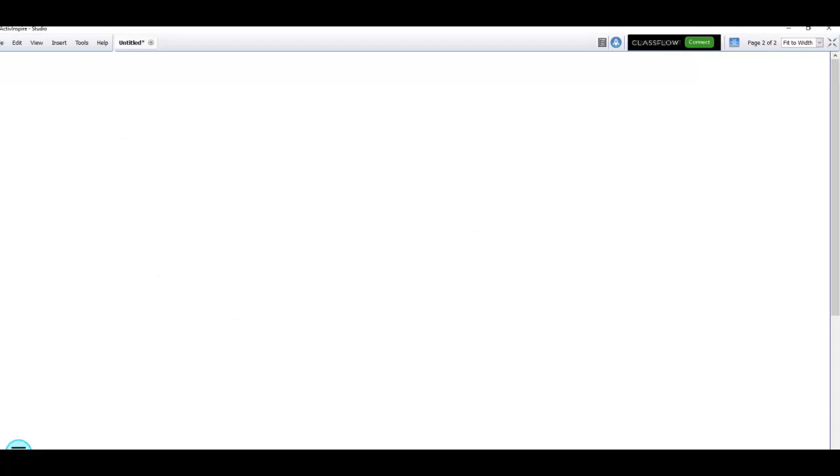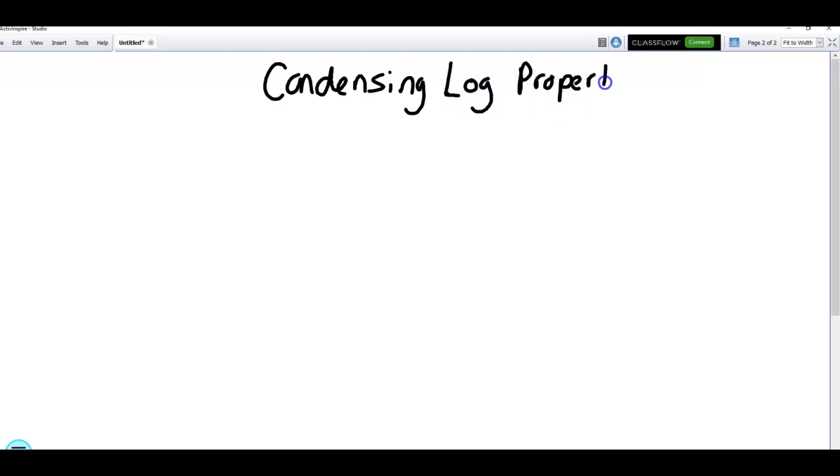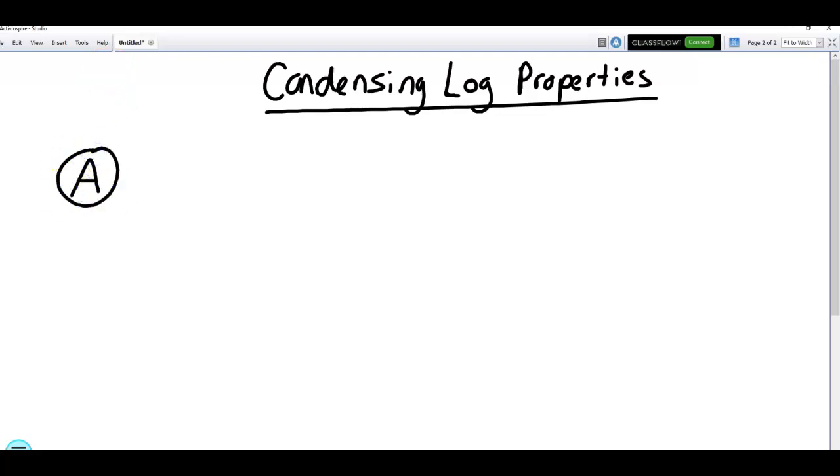Here are our 3 new log properties. Write with me. First of all, I'm going to call the first one A. Here's how this one works.